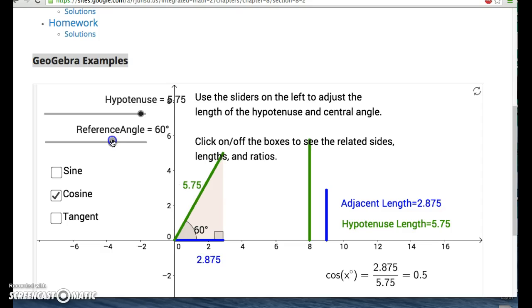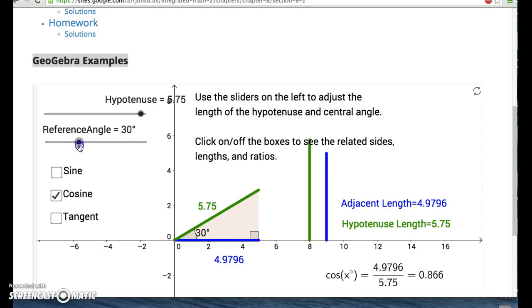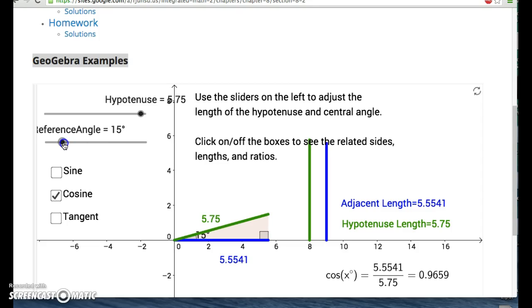And as the angle is getting smaller, the percentage is getting bigger. Keep an eye out over here as I make a smaller angle. So basically it looks like the angle is collapsing, okay, which makes the bottom, the flat part, longer.